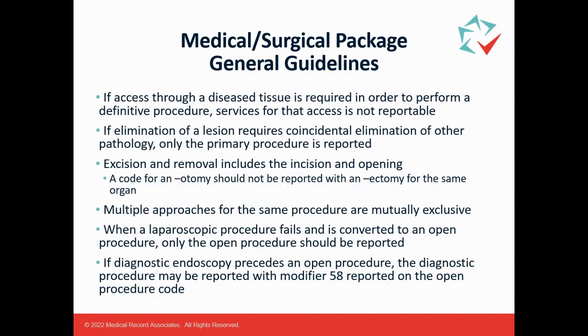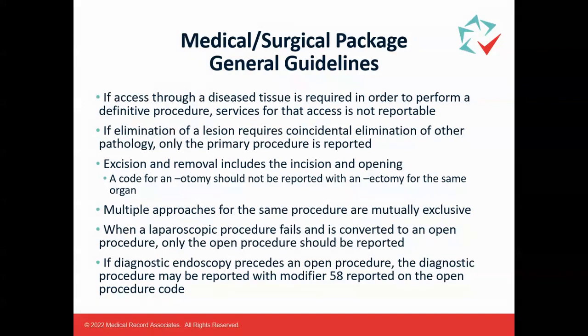Excision and removal includes the incision and the opening. A code for an otomy should not be reported with an ectomy for the same organ. So know your terminology, a little terminology flashback for you there on that example. Multiple approaches for the same procedure are mutually exclusive. So when a procedure starts laparoscopic, it fails, it's converted to an open, then only the open procedure should be reported.